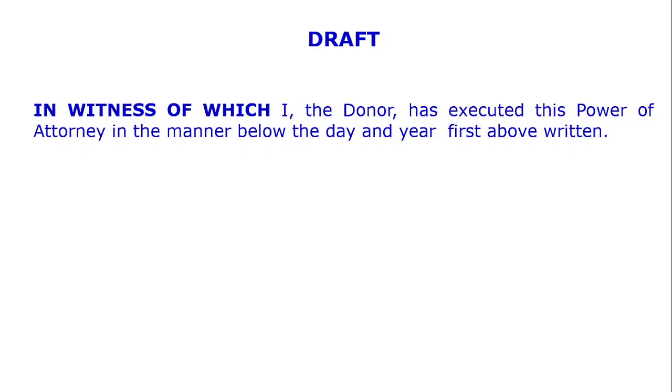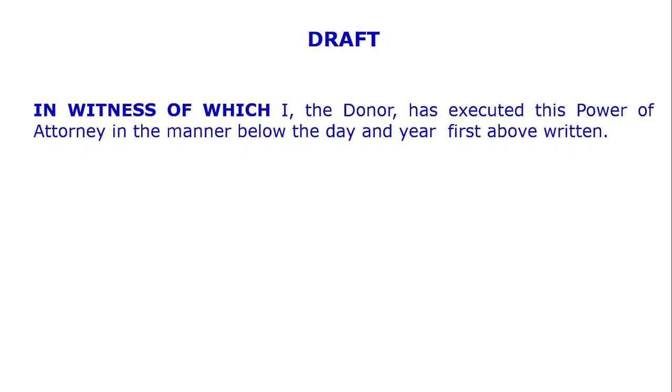Everything you have written since commencement date, recital, your appointment clause, your power clause, omnibus clause, the irrevocability clause, you are witnessing to it that, see, I was the one who authorized. So the donor is simply confirming. So you can see testimonium is linking the document to the donor. So this is how to draft it. In witness of which I have executed this power of attorney. Please don't write executed this deed.